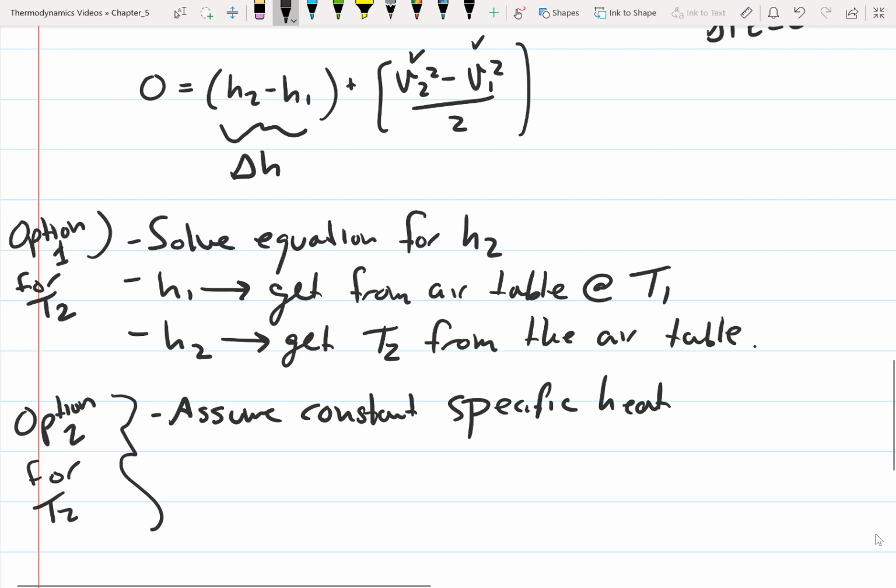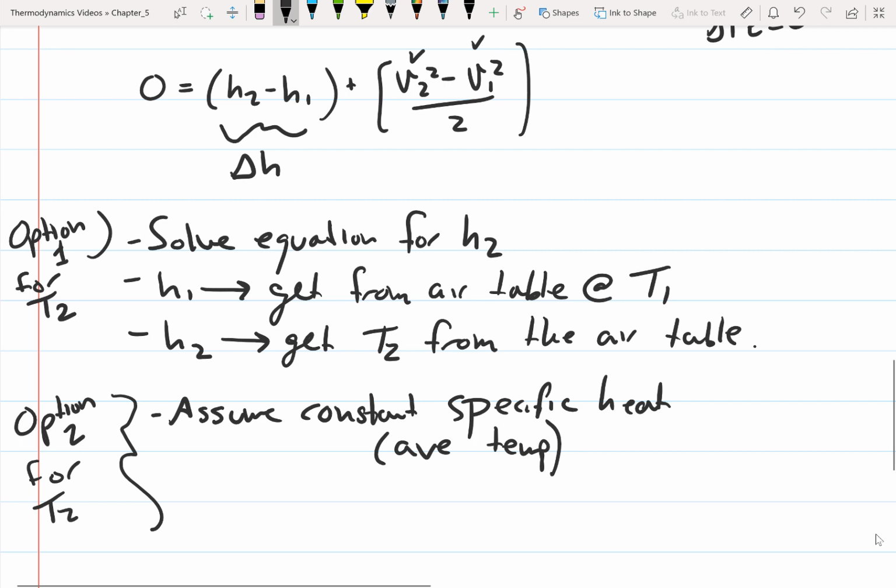And then the only issue with that is we really want to assume the constant specific heat at average temperature. So the issue with this is we don't actually know the temperature at T2 because that's what we're looking for.